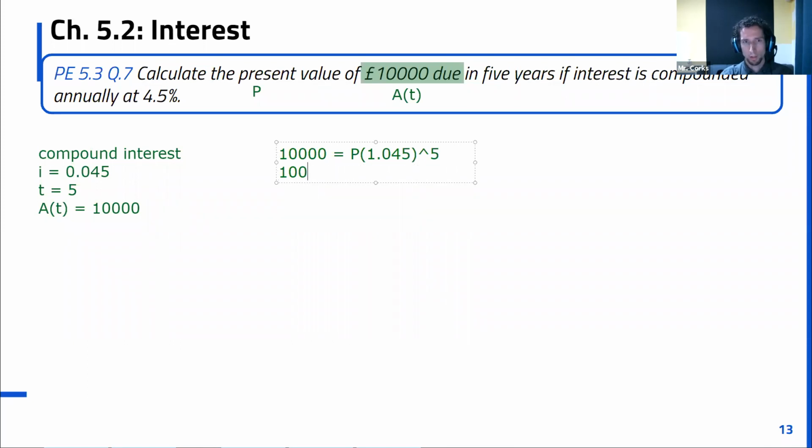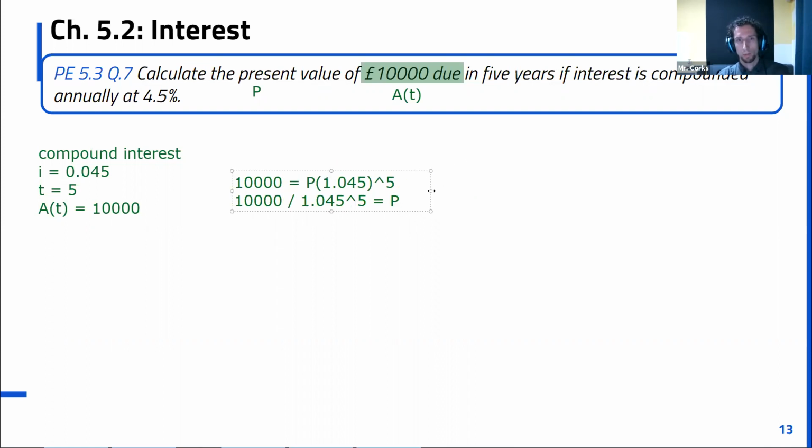So then 10,000 divided by 1.045 to the exponent 5 is equal to P. And we just calculate what P is. So P will be something less than 10,000. This is a smaller interest rate, so it's probably not going to be a huge difference, but it'll be a bit less than 10,000.